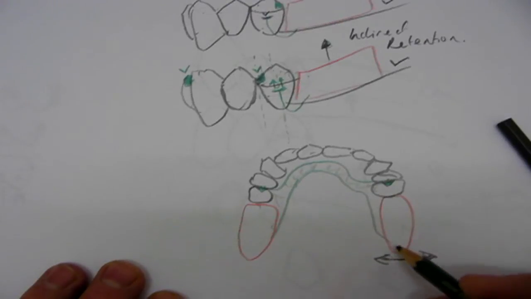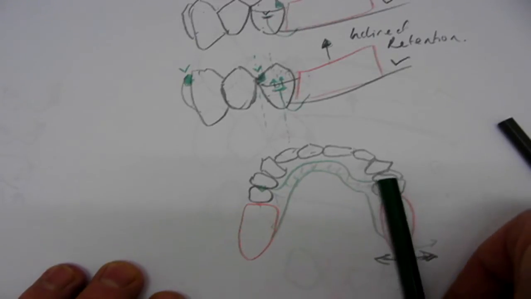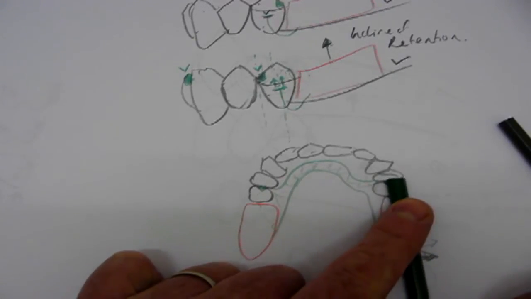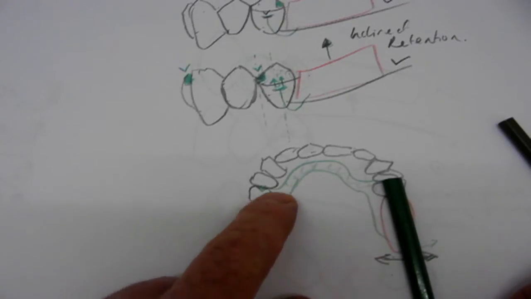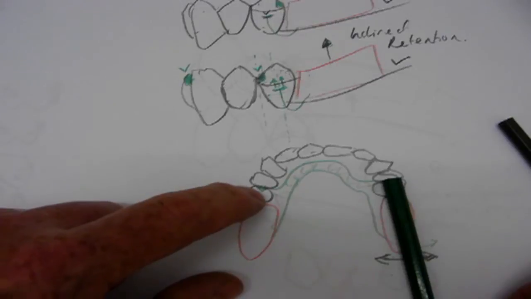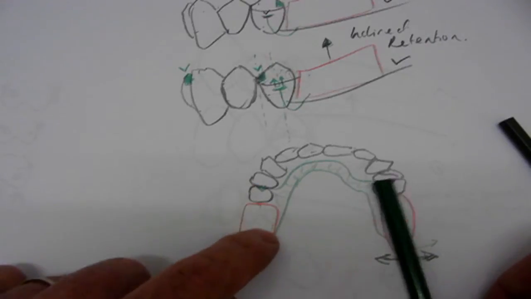Now what happens when this saddle attempts to move in this direction is that we rotate around this occlusal rest here, and because all of this connector is rigid and that occlusal rest is sat within a rest seat within the tooth, it's jammed in there, that can't move backwards.